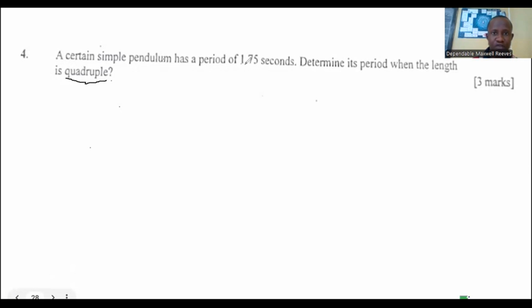So this value given to us represents period 1 or T1. So we can say T1 is equal to 1.75 seconds.